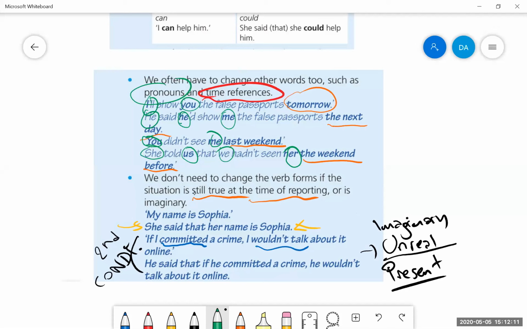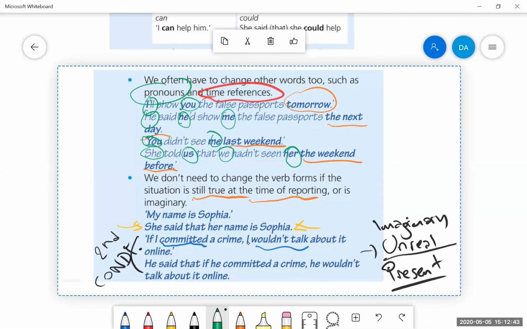Like, my name is Sophia. The truth that my name is Sophia won't change. That's why it can be reported in the same tense, like she said that her name is Sophia.